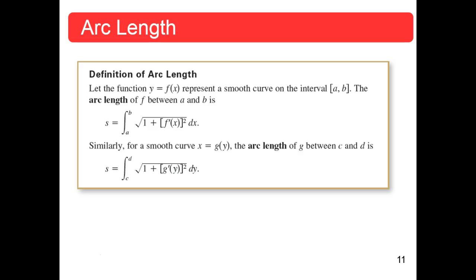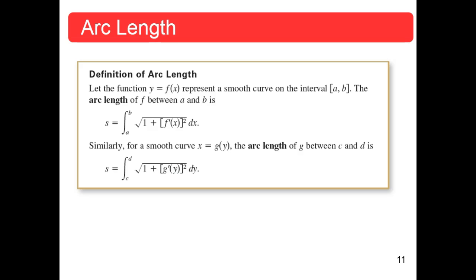Delta x became a dx, and this became f prime squared. Now, in order to do that integral, you have to have a function here whose derivative squared with 1 added to it you can take a square root of, or integrate with a square root in there, and come up with something cool.